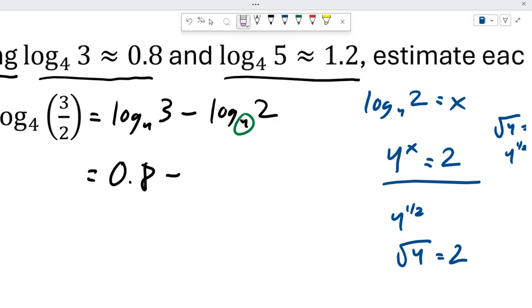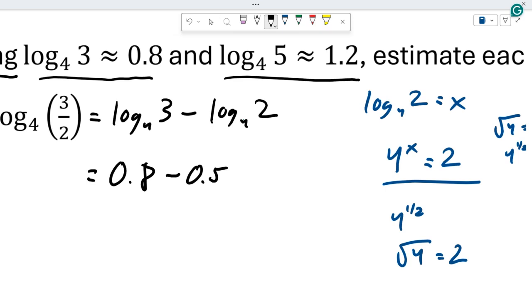The answer to that is 1/2, because the square root of 4, which can be rewritten as 4 to the 1/2, is 2. So my answer for the log of 2 base 4 is 1/2. And just because I'm already dealing with decimals, I'll convert that 1/2 to a decimal, which is 0.5.